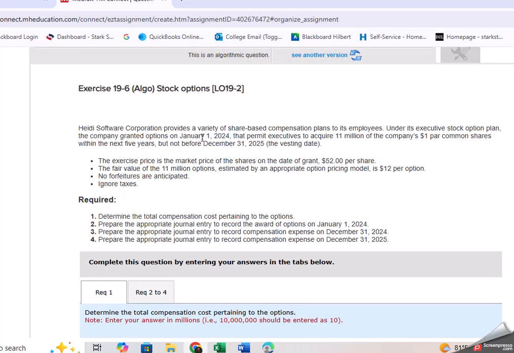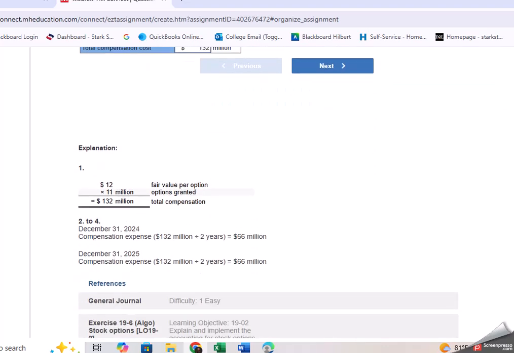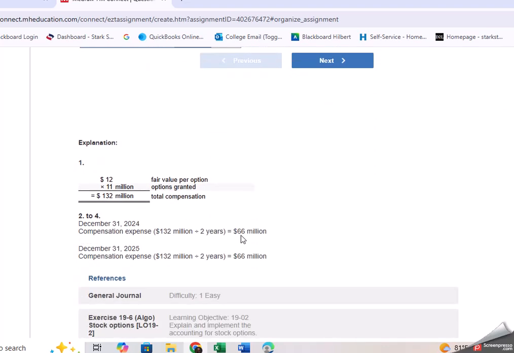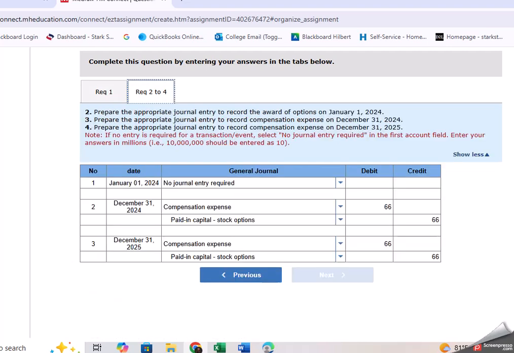So we issue them on January 1st of 2024. They're fully vested on December 31st of 2025. So for 2024 and 2025, we're going to charge off 66 million to compensation expense. So the total compensation cost is 132 million.